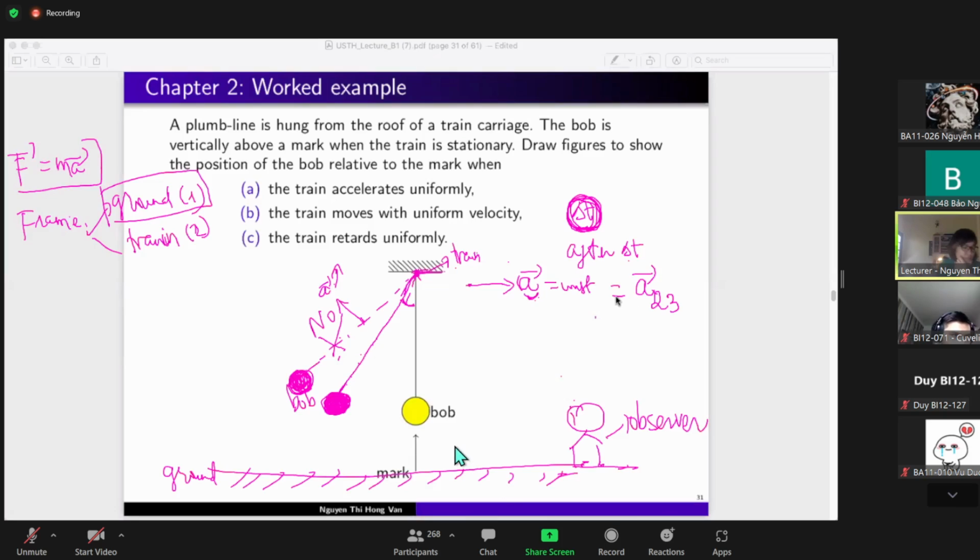Next. We call the ground 1, maybe it's 2-1. Sorry, the ground is 3, the train is 2, and the bob is 1. So the acceleration is 2, 3. Sorry, that's my mistake. And in the train.